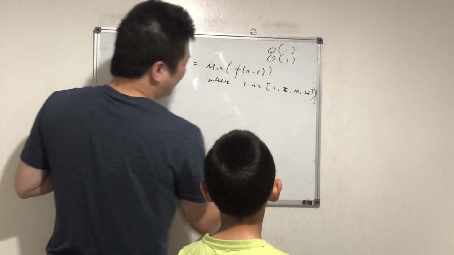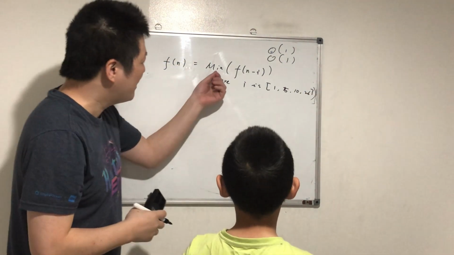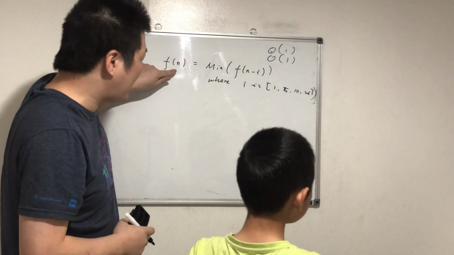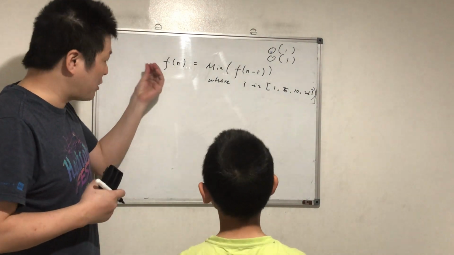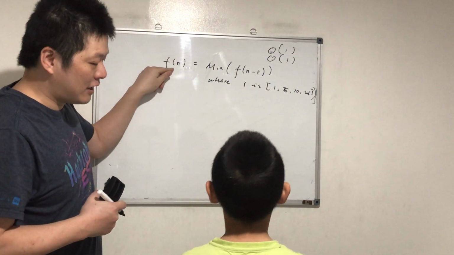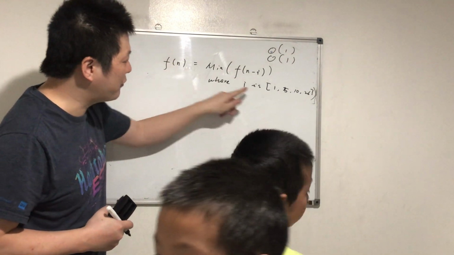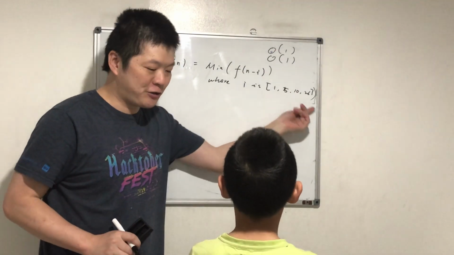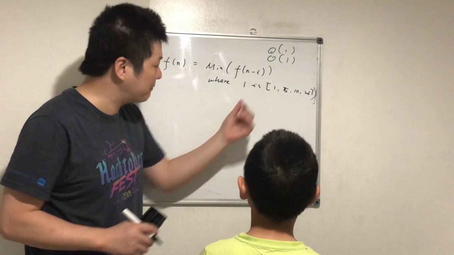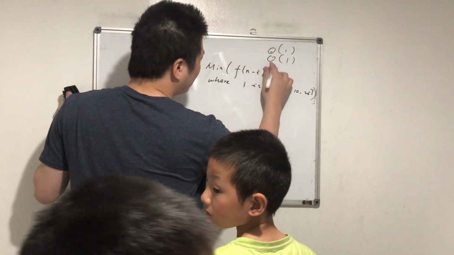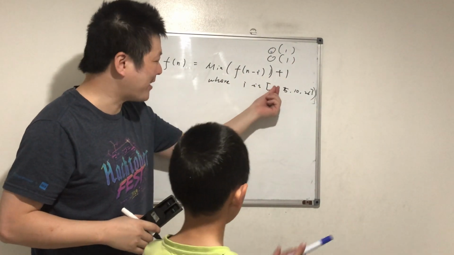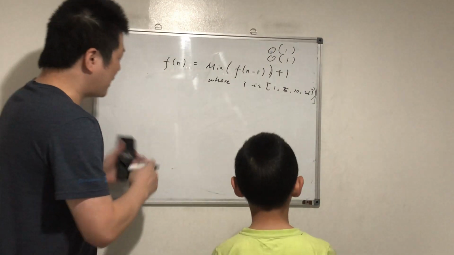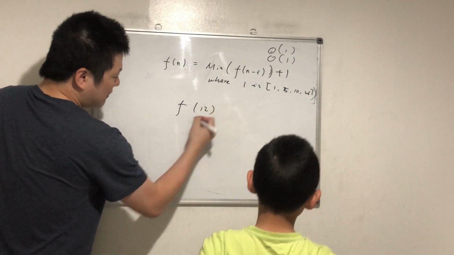Does it make sense? Fn is the minimum coins to come up with n. And then we know we have 4 choices. So it must be F(n minus i) plus 1, because we need one more coin. Does it make sense? Look, F12.